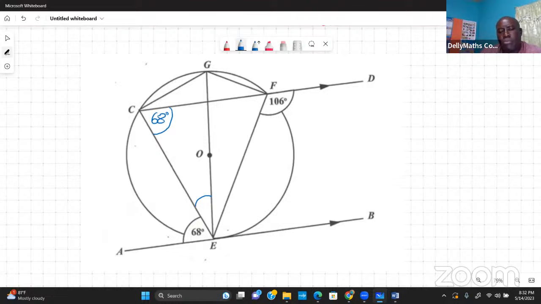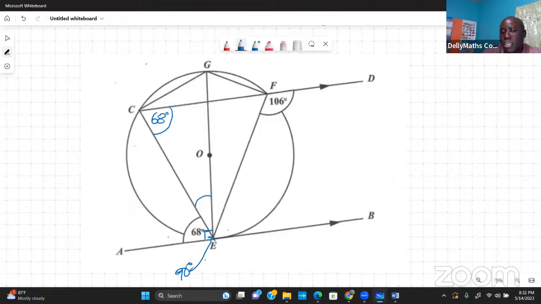Now think about this situation. You're seeing a tangent down here. This is a diameter, which is 2 radii. Allow these ideas to trigger your memory. Diameter, tangent. Then you should say, oh, radius meets the tangent at 90 degrees. That means all of this angle right here is 90 degrees.